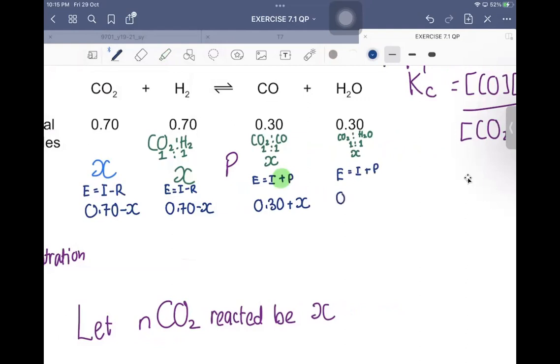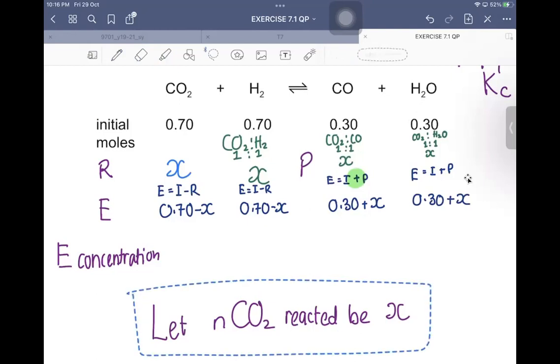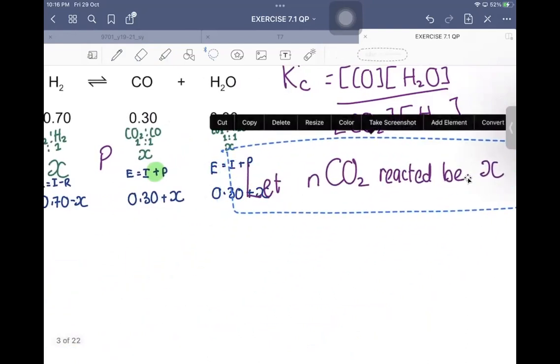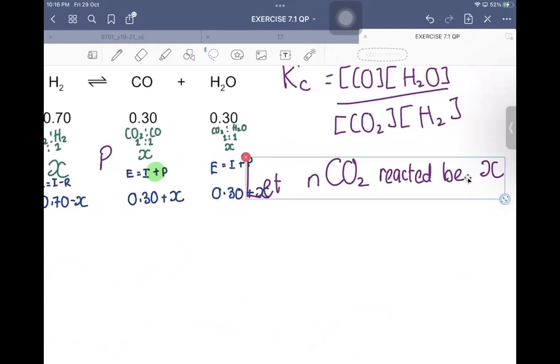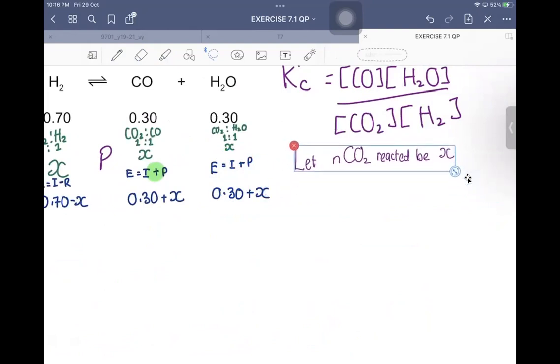So that's 0.30 plus X. Okay, I feel like I should put this somewhere here so that it doesn't end up at the very bottom. And then you will wonder, why do I suddenly have X?